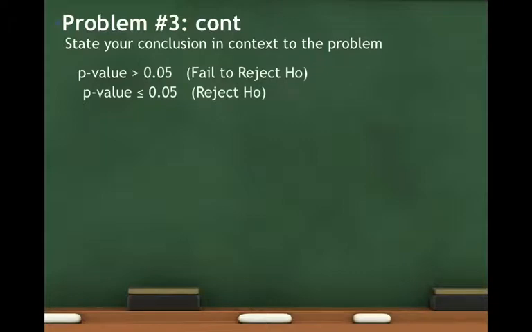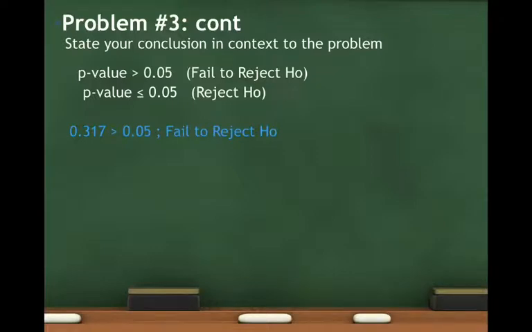Somehow I lost my place here. If our p-value is 0.317, what does that mean? Remember, if our p-value is greater than 0.05, we fail to reject the null hypothesis. If the p-value is less than 0.05, we reject the null hypothesis. Well, our p-value is 0.317, which is greater than 0.05, and so we fail to reject the null hypothesis.